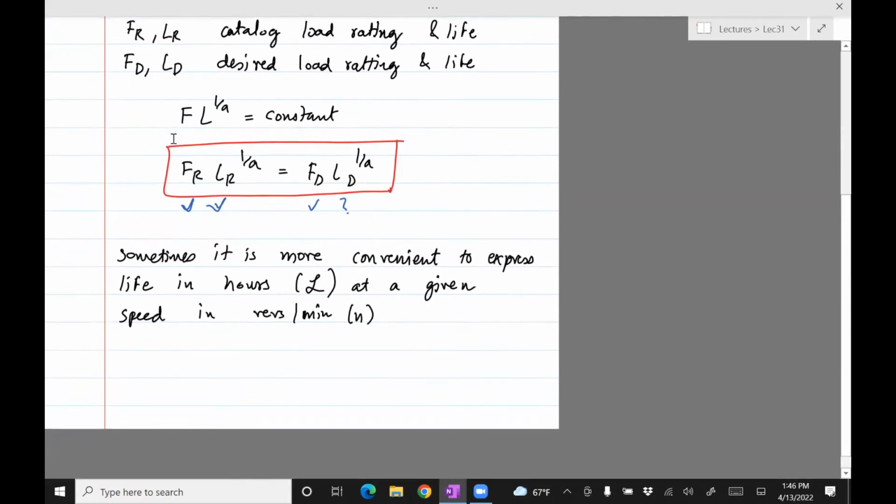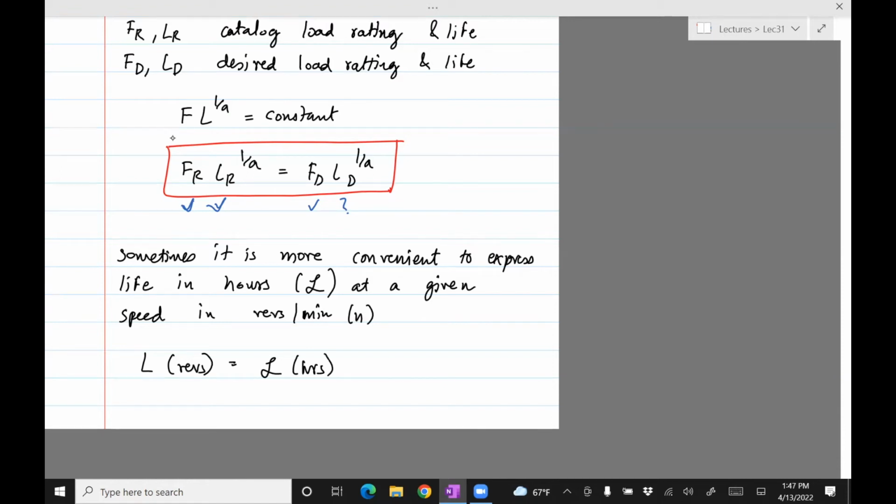So this is just trying to find an expression relating L, which is in revs, and the abbreviated L. This L is now in hours, and we want to convert revs to hours.